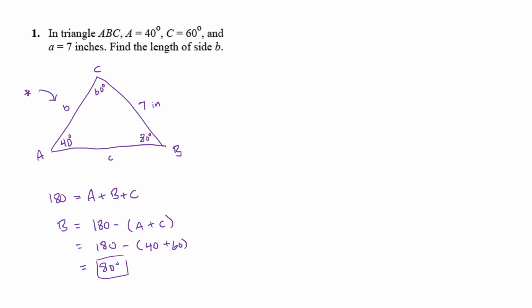Now that I know my angle measurement and I have identified the length that I'm trying to find, let's set up our law of sines. That would be a over the sine of angle A equals b over the sine of angle B, which equals c over the sine of angle C. So my side length for a is 7.